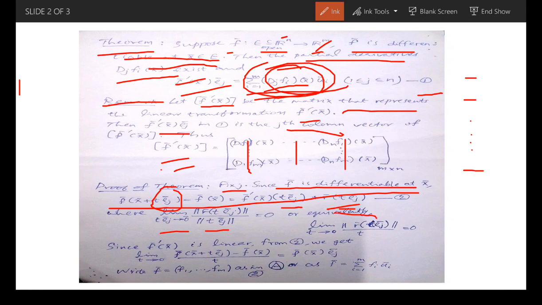So equivalently you will get limit, instead of tej tends to 0, I have limit t tends to 0. Because if you take norm of tej, it becomes mod t. And mod t tends to 0 if and only if t tends to 0. Limit t tends to 0, norm of r of tej divided by mod t, but mod t tends to 0 if and only if t tends to 0. So you can divide by simply t.